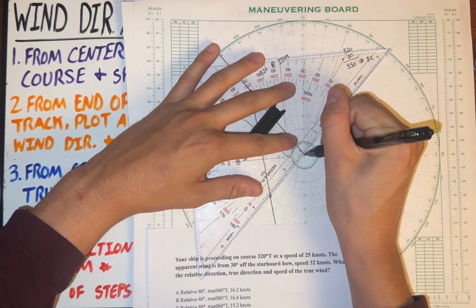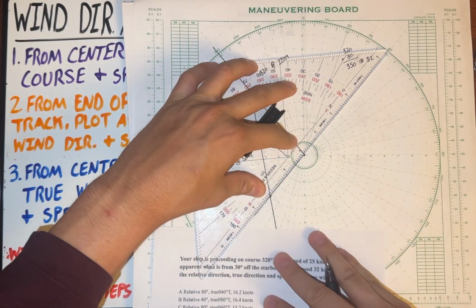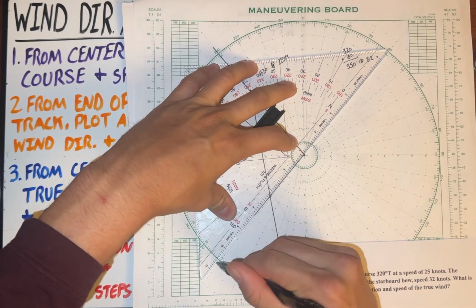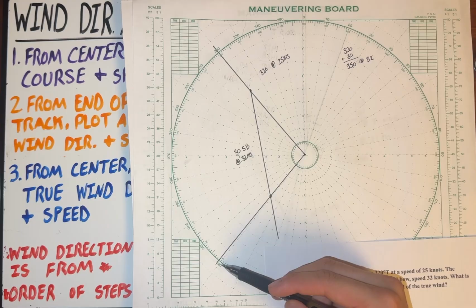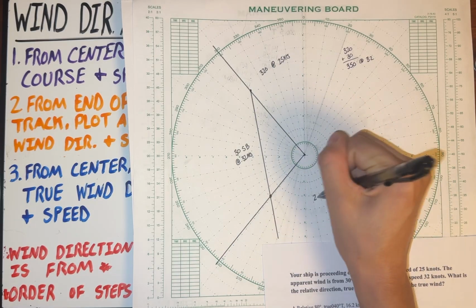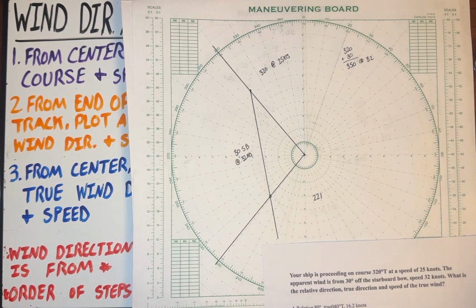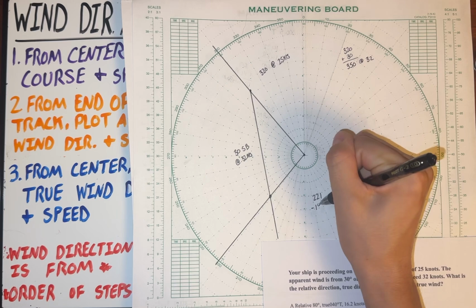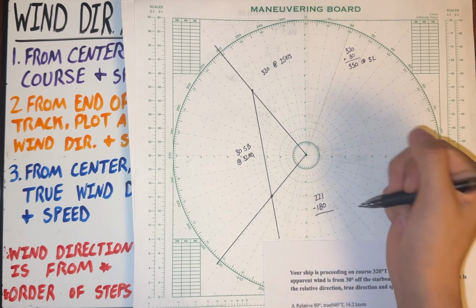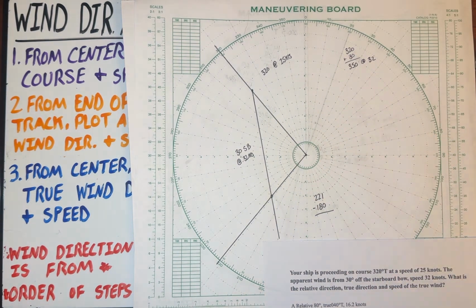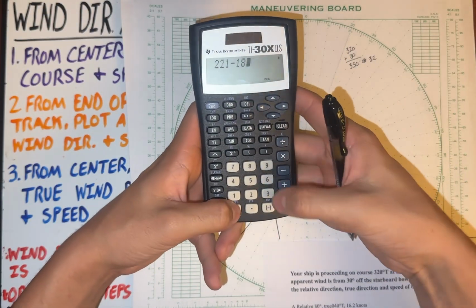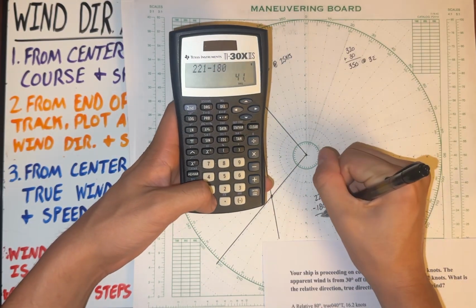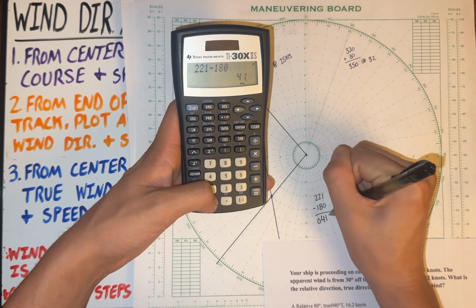From the center through the end of that apparent wind out to the edge. So we have 221. And remember, wind comes from, so we want to take the reciprocal of that. 221 minus 180 degrees gives us a true wind direction of 041 degrees.